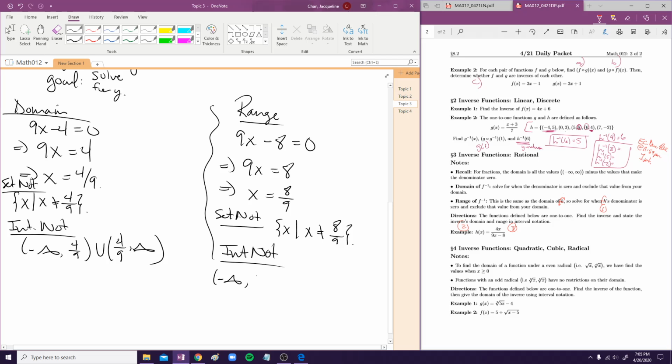So we have to go negative infinity to 8/9. We've got to stop there. And then we go back.